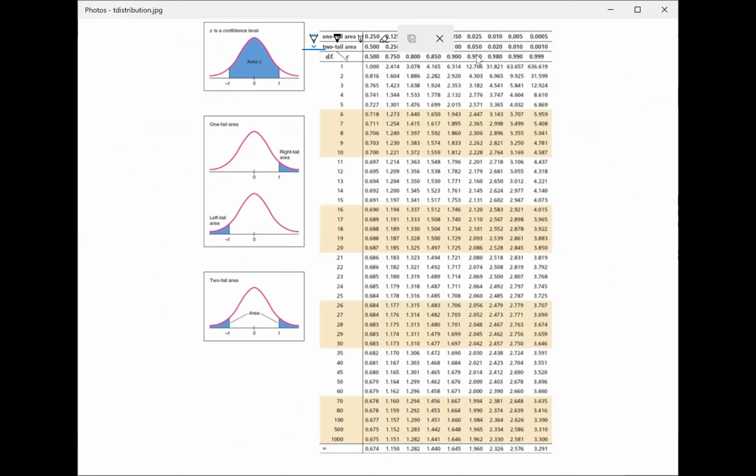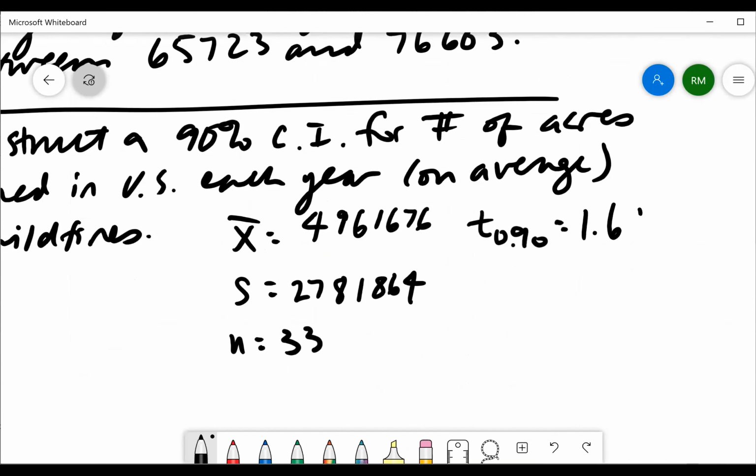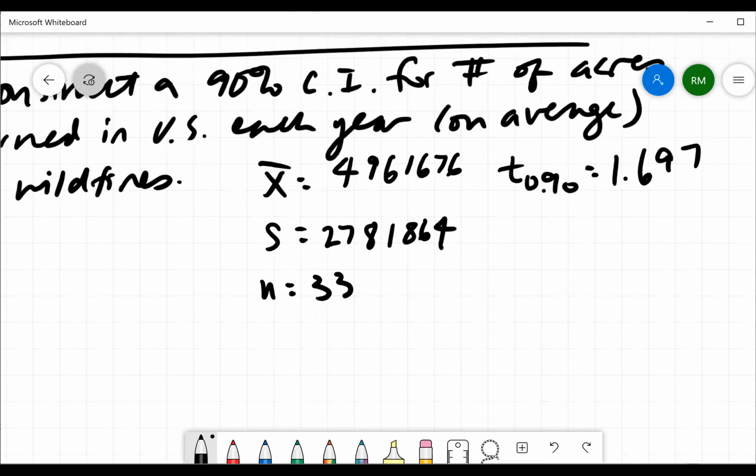We know that 32 is not in this table, so we just go with 30 degrees of freedom. A confidence level of 90% gives us a critical value of 1.697.